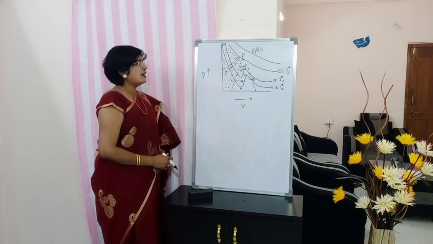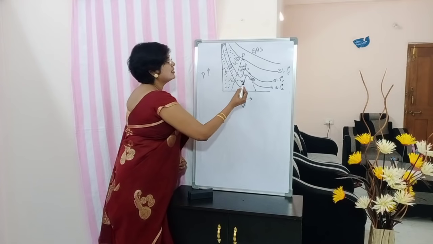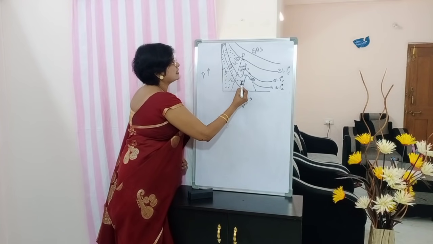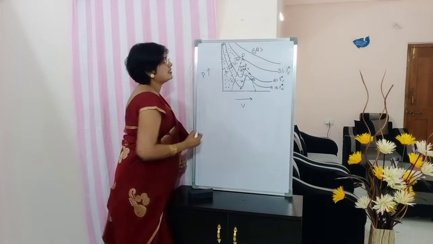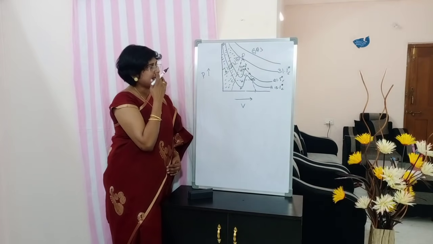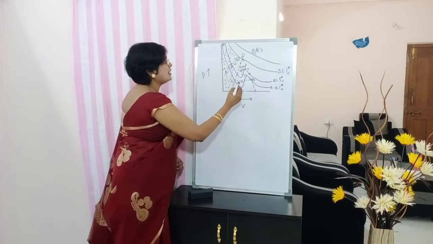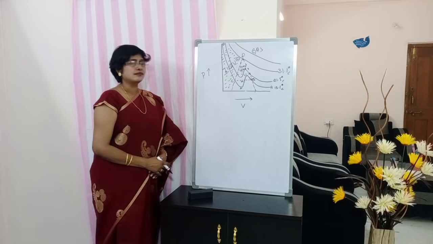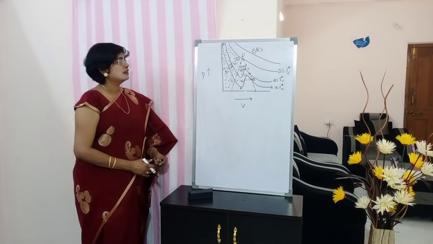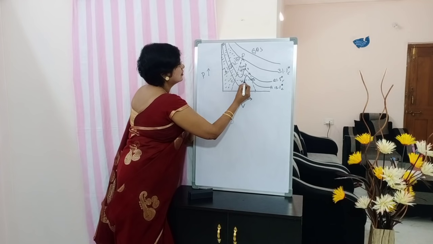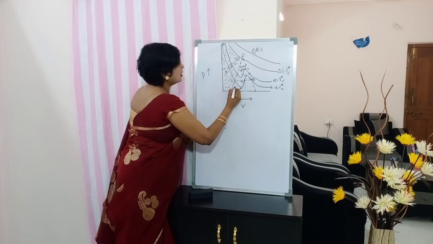Okay. So now, students, see, mark this point as L, this point as M, and here this point as N. The name of the isotherm is ABCD only, but extra points you write down now: L, here M and N. Okay, and also mark a dotted line here and one more dotted line here.